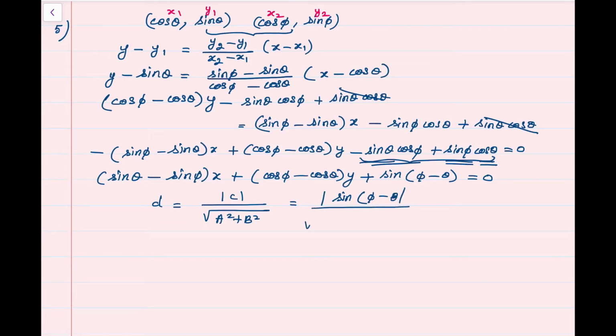divided by root of a term is sin theta minus sin phi the whole square and b term is cos phi minus cos theta the whole square.